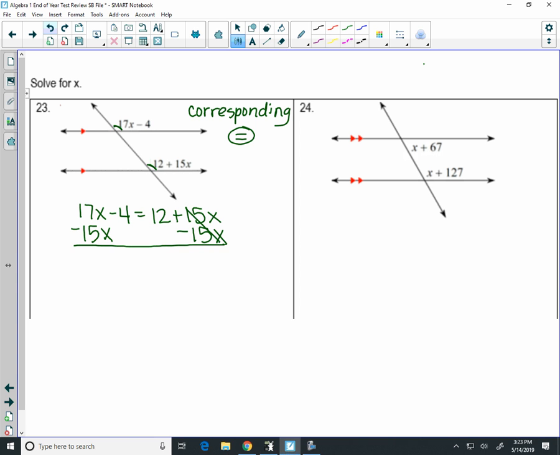I'm going to subtract over 15x. 17x minus 15x is 2x. I'm going to add my 4 over. And I'm going to divide by 2.